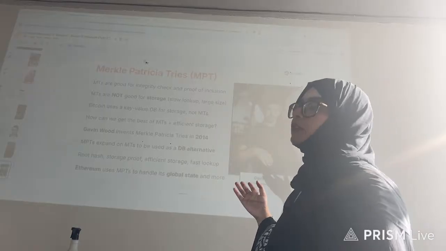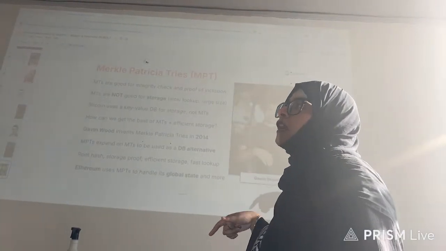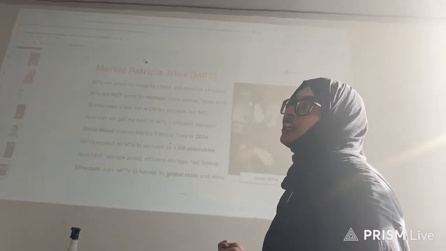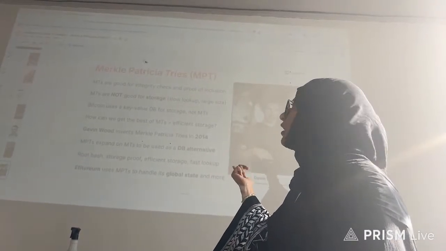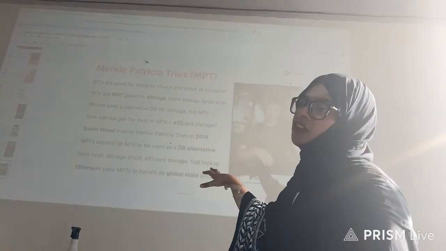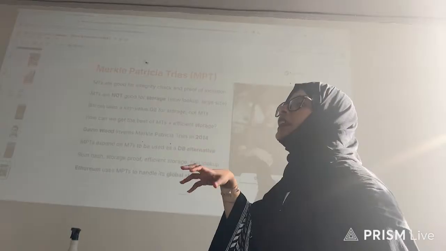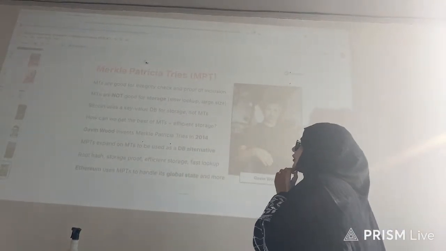Now, moving on to Merkle Patricia tries, which Gavin Wood, who's also technically the most technologically advanced person right now because he also wrote the first interface of Ethereum, came up with. Merkle Patricia tries are basically derived from the concept of Merkle trees, which we looked at.